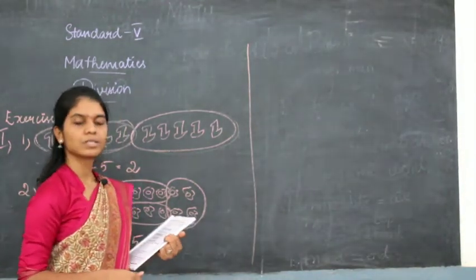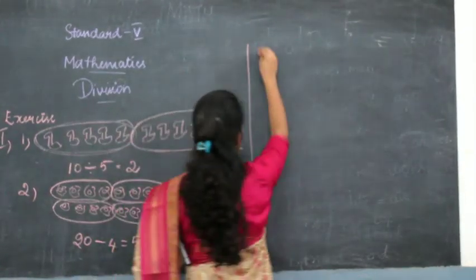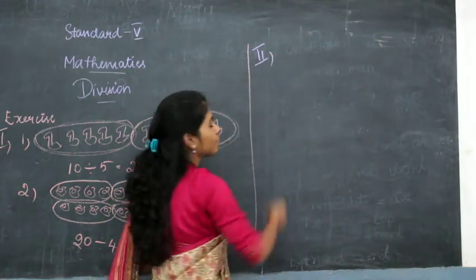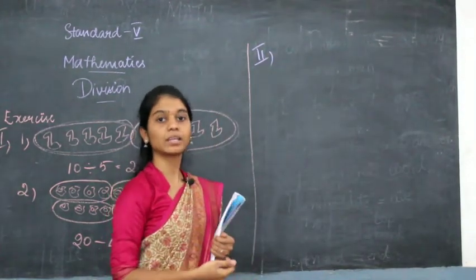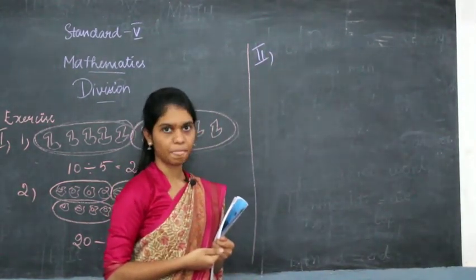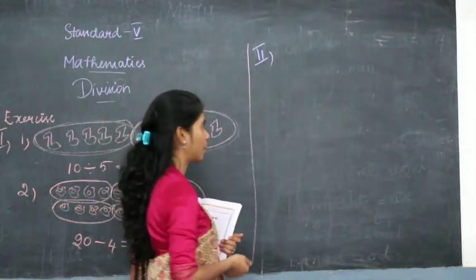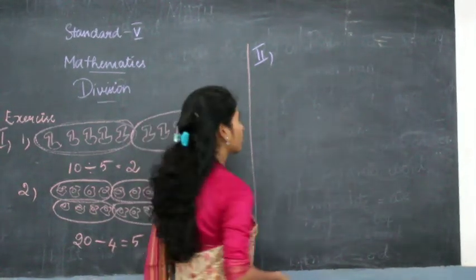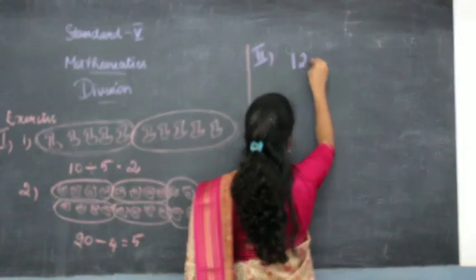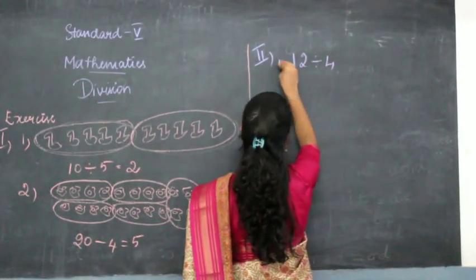Now the second Roman numeral is, you have to divide by repeated subtraction. So you will find how many times you are subtracting. The first one is 12 divided by 4.